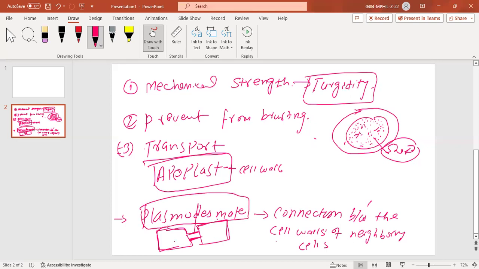So this interlink between these two cells is called plasmodesmata, and it is actually an extension of the cell wall between these two cells, remember. So it is a function of the cell wall.